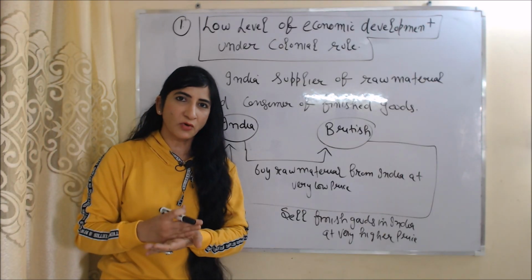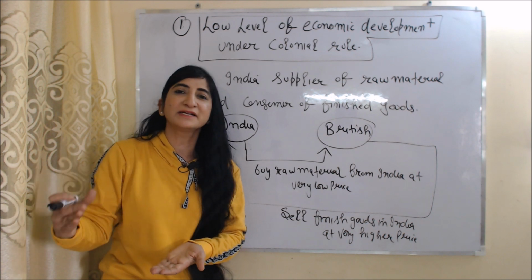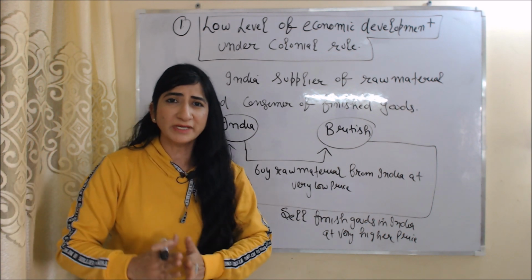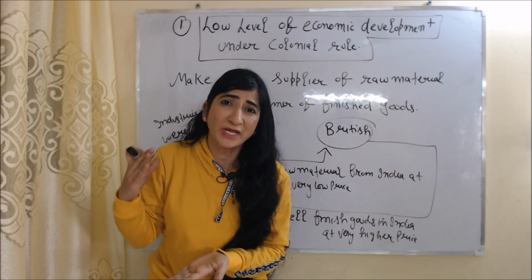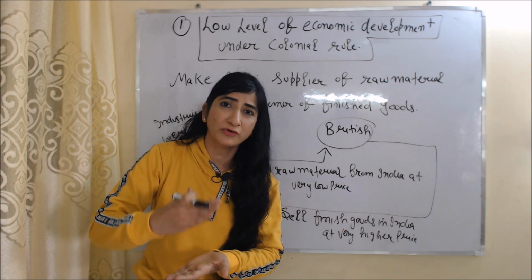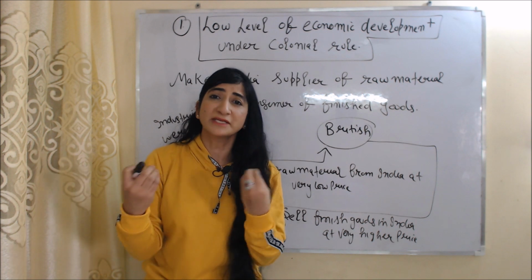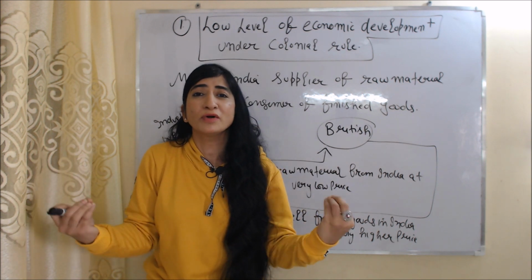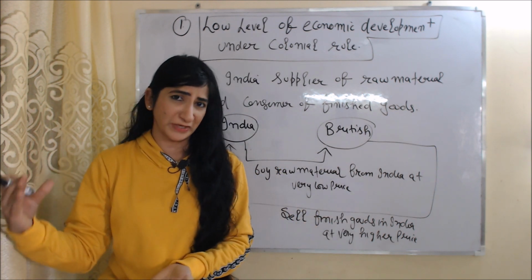The first part is low level of economic development under colonial rule. The economic development of India was very low when India was ruled by the British, because the British government only thought about security and promotion of their own nation rather than development of India.